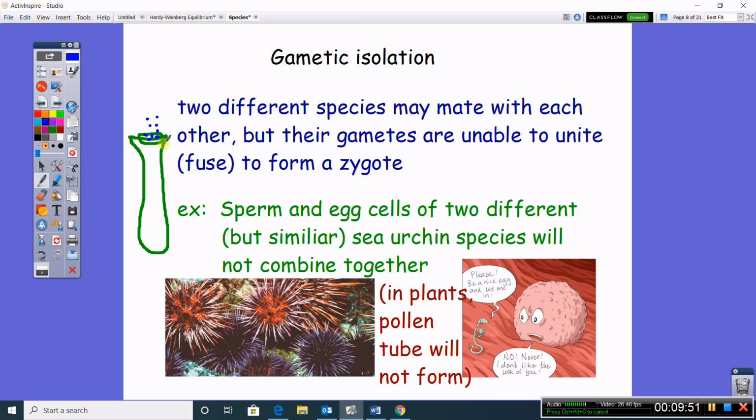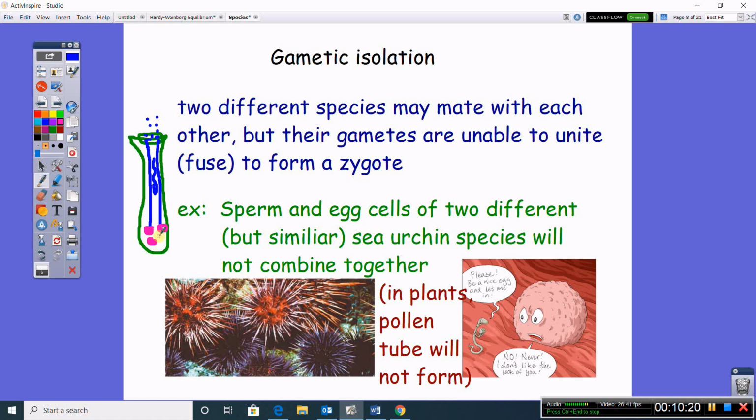If the two gametes are compatible, if this is pollen from the same species of plants, then it will form a pollen tube that goes down this stalk, which is called the style. And it will provide a passageway for these little sperm cells to be able to get down to the bottom here where the ovaries are.